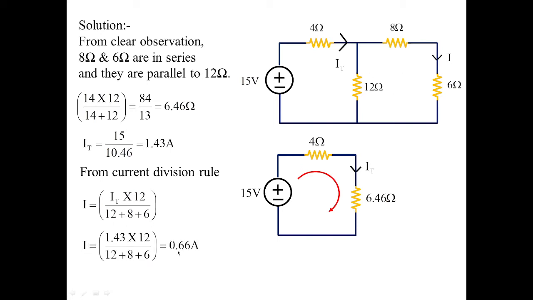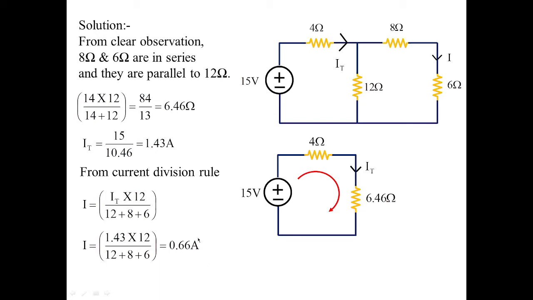This will give you 0.66 amperes. So we have estimated the value of current in 6 ohms, which is 0.66 amperes, with the help of the current division rule and simple KVL analysis.